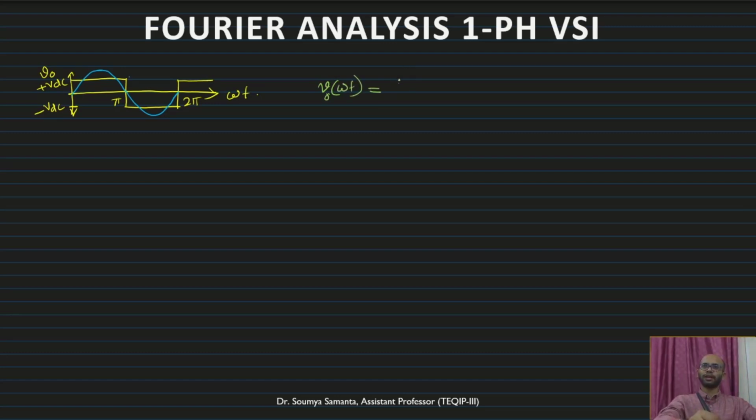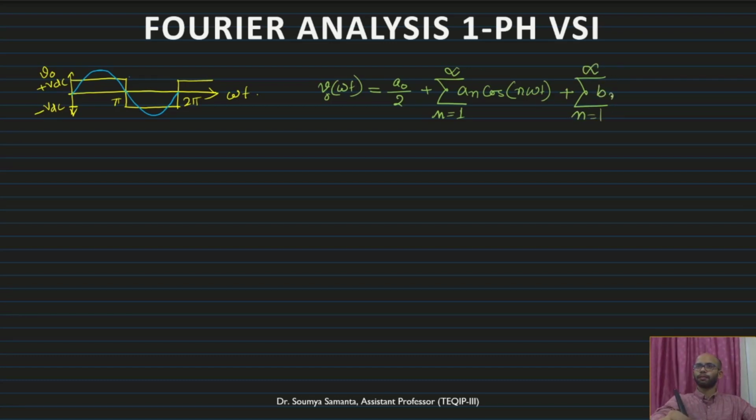This can be written as a0 by 2 plus summation of n equals 1 to infinity an cosine of n omega t plus summation of n equals 1 to infinity bn sine of n omega t.